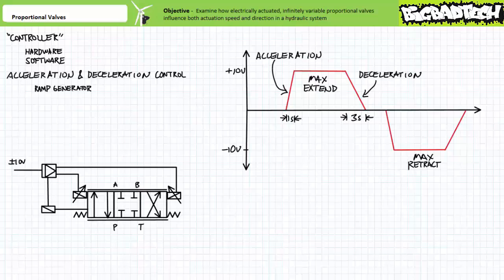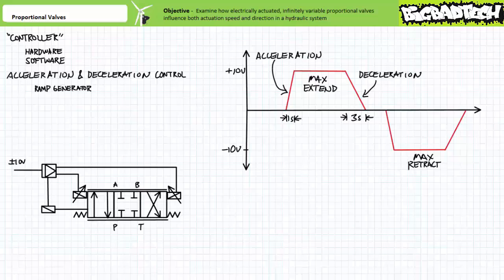A ramp generator is quite simply a steadily increasing or decreasing applied voltage over a specific length of time. The shorter the length of time to reach full voltage, the more sudden and abrupt the acceleration. The longer, the more gradual and smooth.